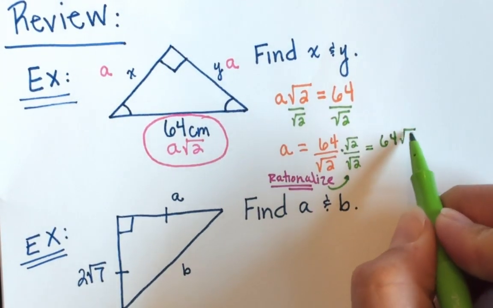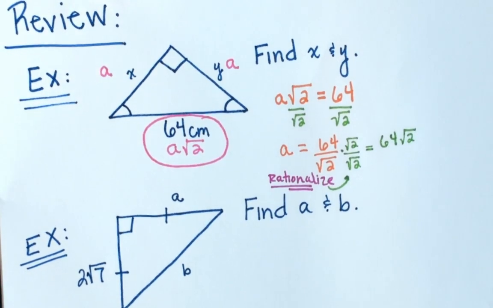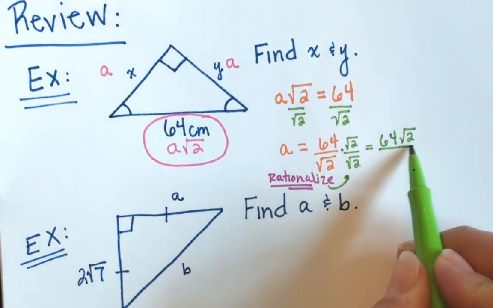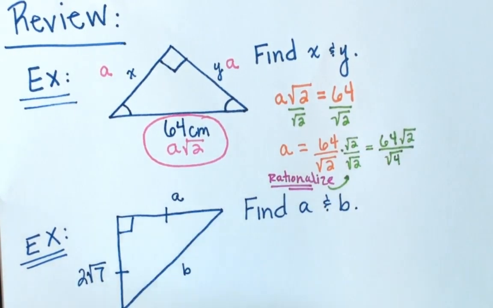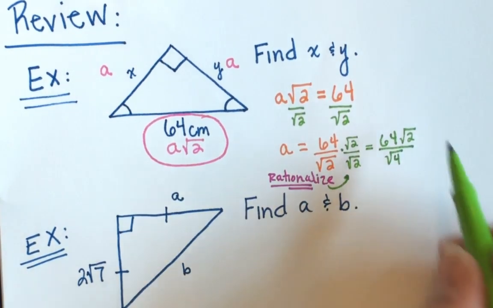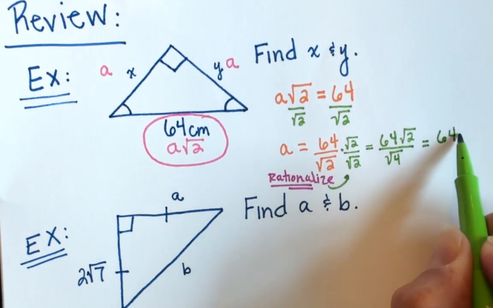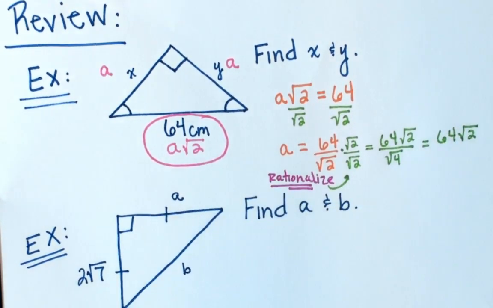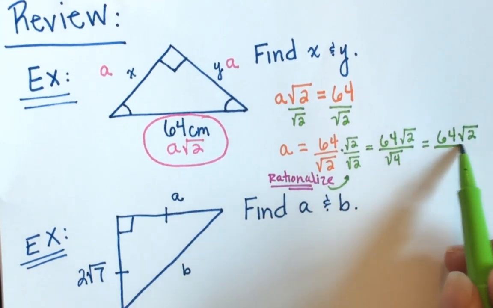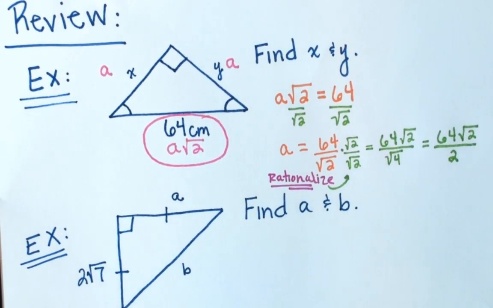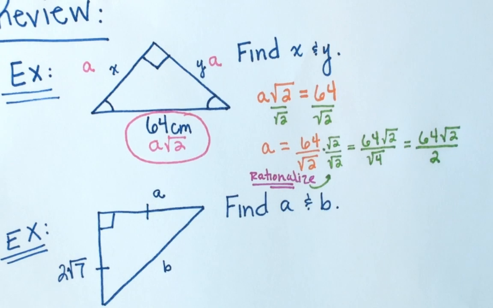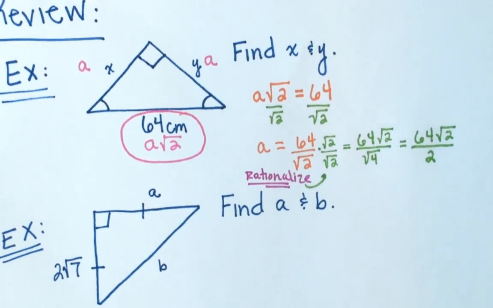We now find that the radical 2 has shown up on the top, and on the bottom, we end up multiplying those together and we get radical 4. So what ends up happening is we have our original numerator, the radical 2 that showed up on the top, and now just 2 on the bottom. That pattern holds every time.